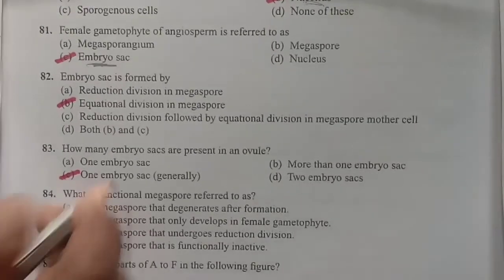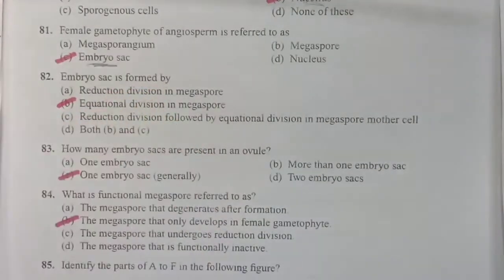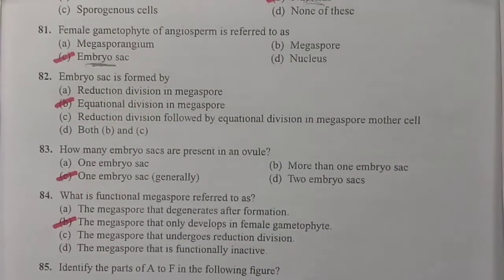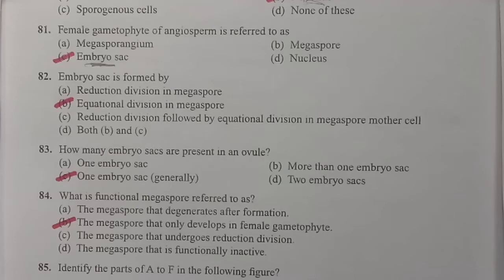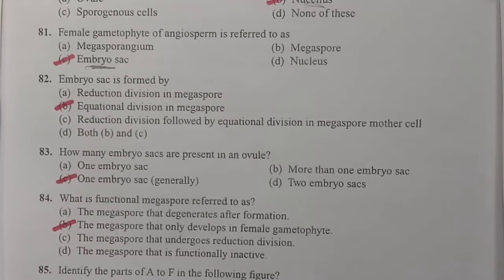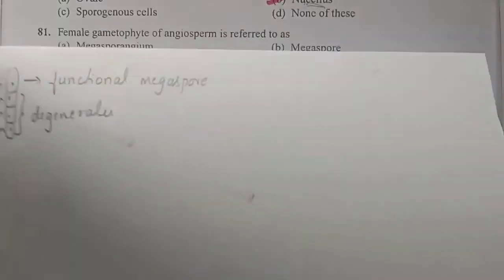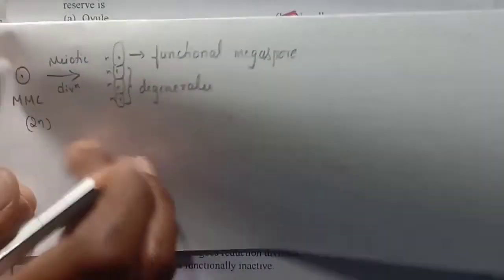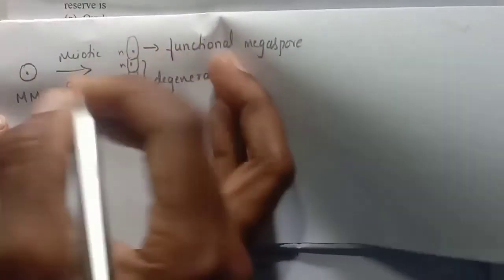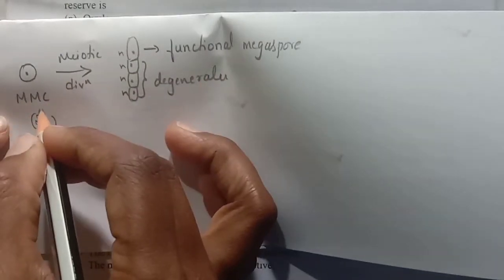And next question, the embryo sac is formed by. The embryo sac is actually formed from the megaspore, or we can say that the functional megaspore develops into the embryo sac. See, for example, in this diagram you can observe this is the megaspore mother cell.